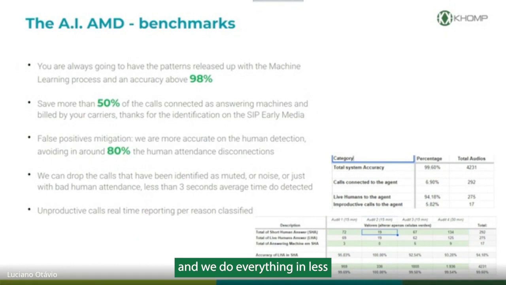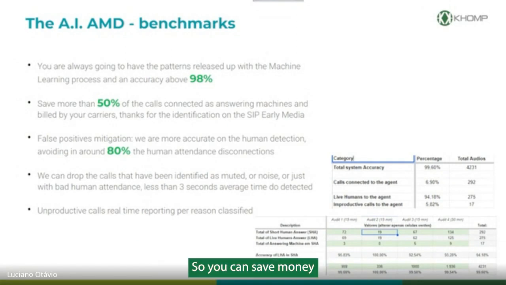And we do everything in less than 3 seconds, and we release the channel in less than 3 seconds. This is a very important situation, because you can maximize the usage of your channels, not just the Khomp channels, but your carrier's channels as well.